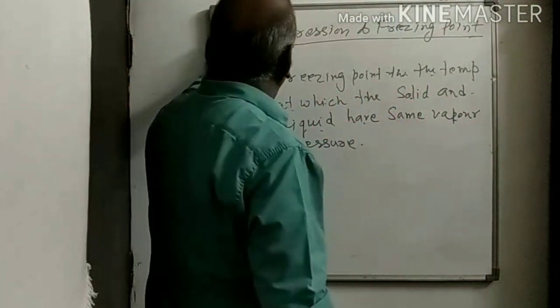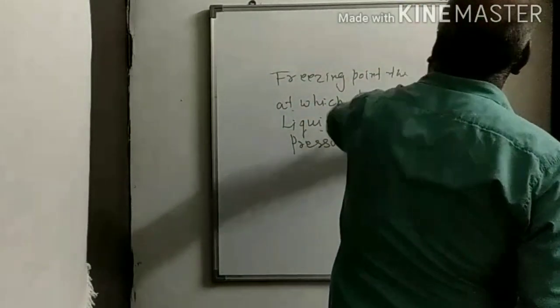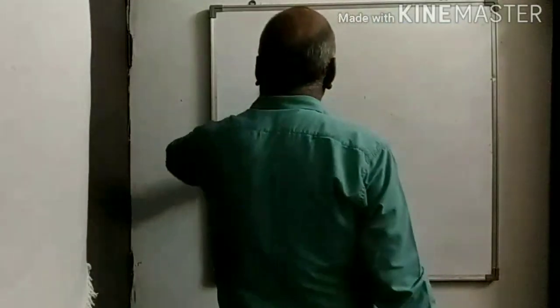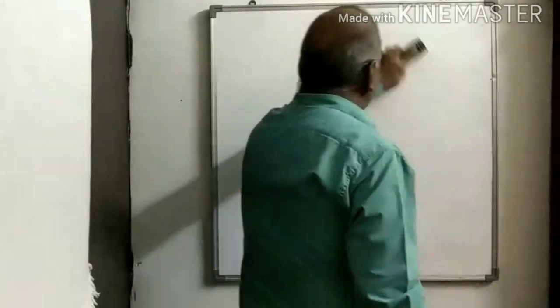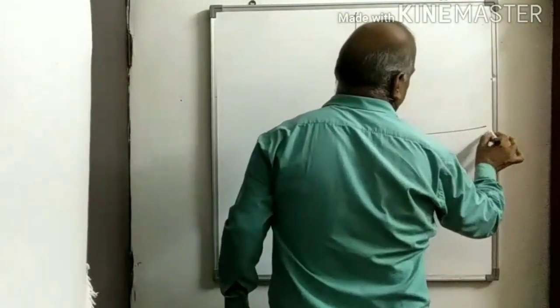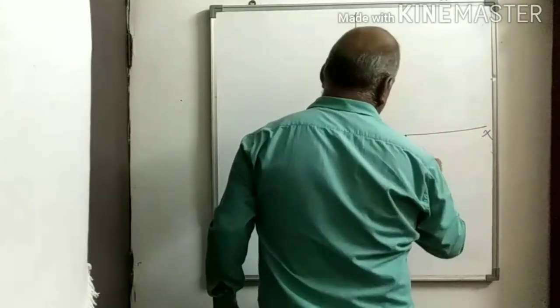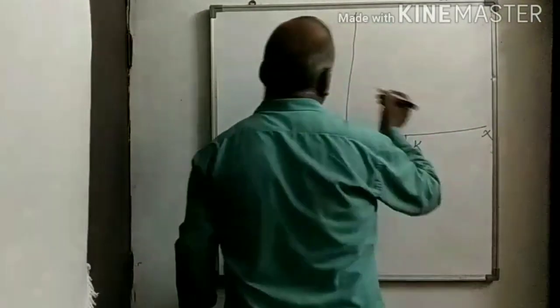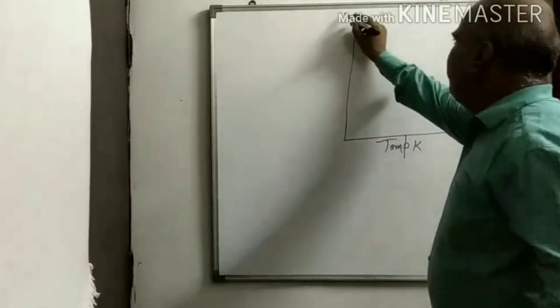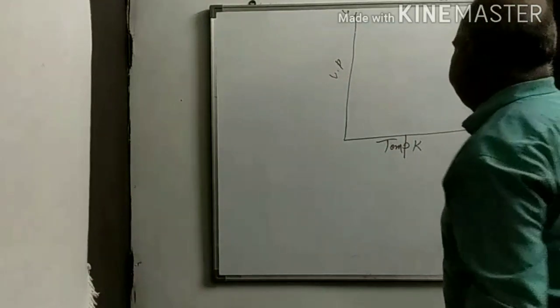Now the question, how to determine the freezing point. The freezing point is to be determined by using the graphical method. On the x-axis, temperature in Kelvin, and on the y-axis, vapor pressure.